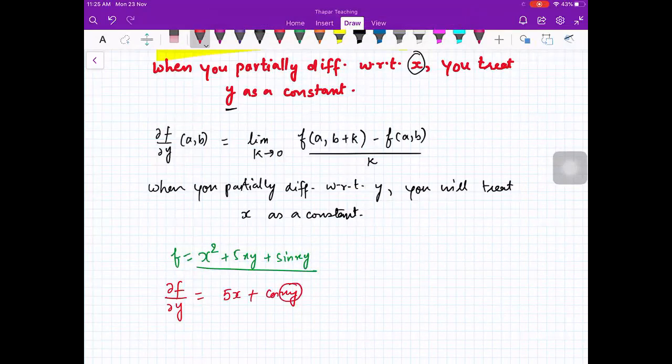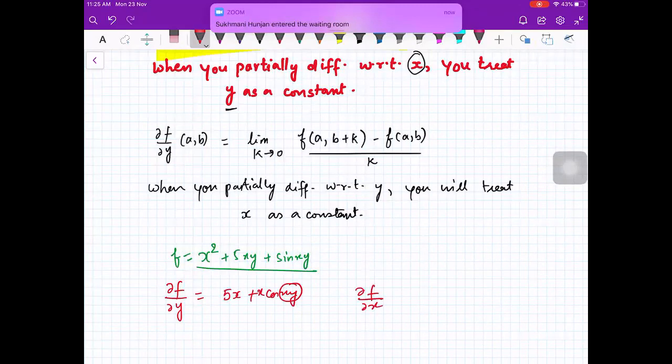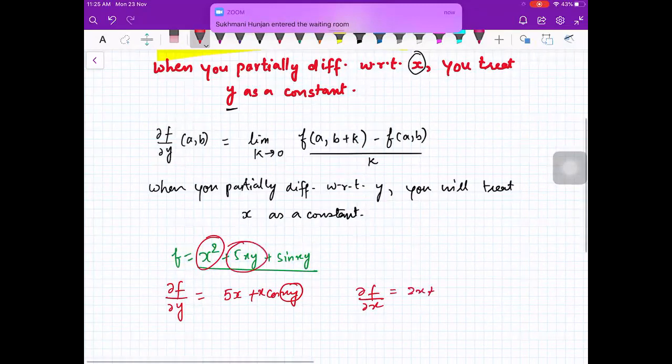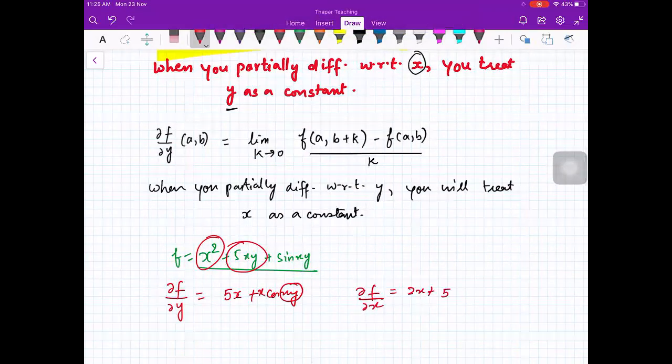For curly f by curly x, we treat y as a constant, so that will be 2x plus 5y plus cos xy into y. This is how you deal with the problems.